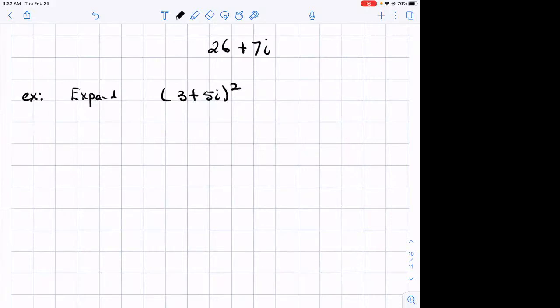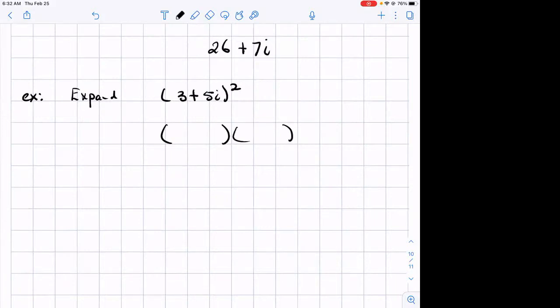Now remember that square means write the parentheses twice, right? Please do not distribute the power. So 3 plus 5i and 3 plus 5i. And here we apply the same as we did before. We FOIL it out. Yeah.